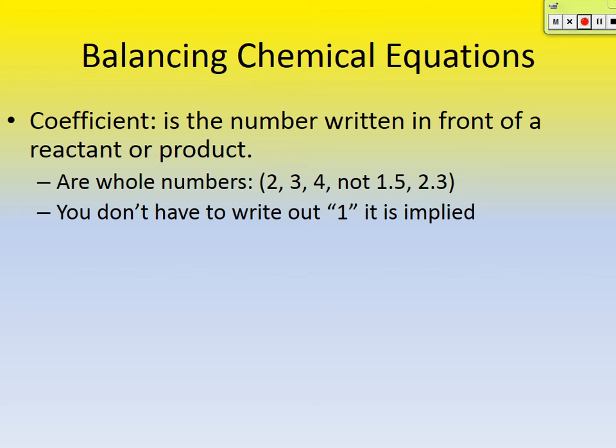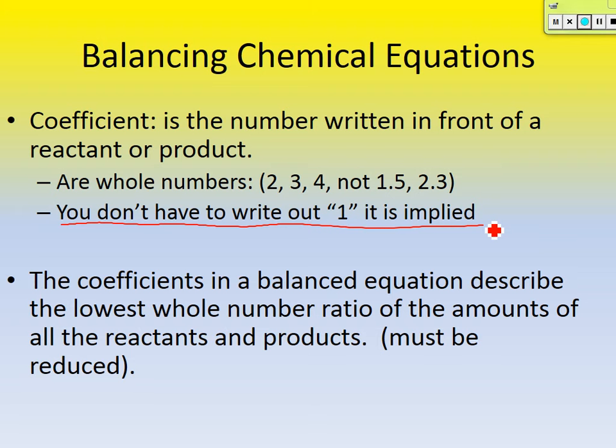And coefficients are whole numbers, like 2, 3, 4. They're not decimal numbers. We're not going to put 1.5 or 2.3. They are whole numbers. Also, here's this rule again. In chemistry, do we write ones? No, they are implied. So if it's just 1, we leave it blank, and that's an implied 1.